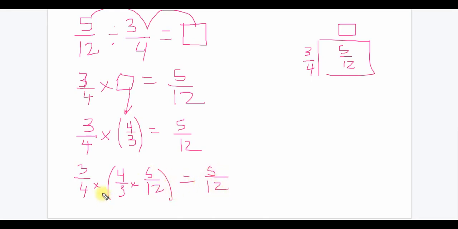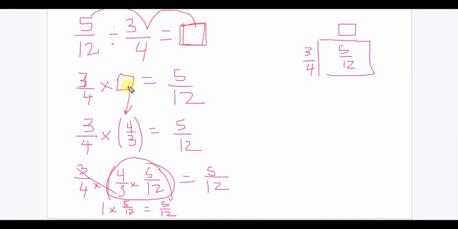Let's take a look. 3/4 times 4/3, those balance out. That equals 12/12. That's just 1. Now 1 times 5/12, that equals 5/12, which is the same as 5/12. So I know that this works. So now I can just take this new unknown factor, and I know that that will help me find this unknown factor here.